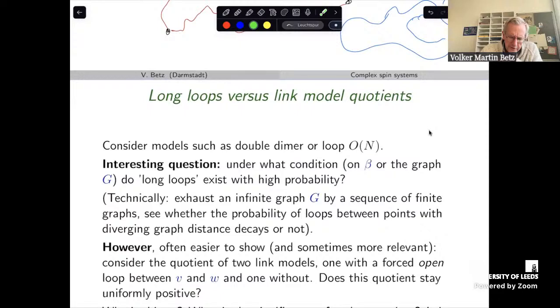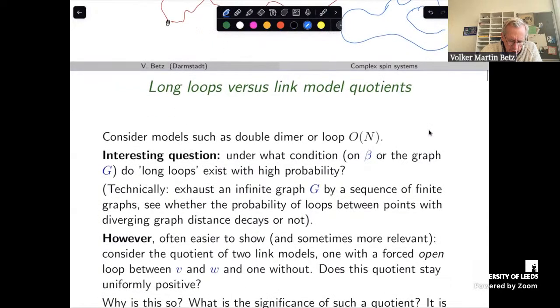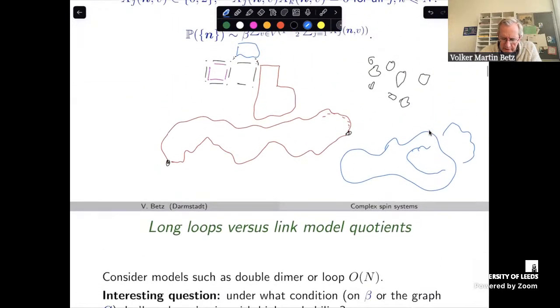So what you often see in many of these models is that you don't ask, is there a probability that you get a long loop, like I tried to indicate in this picture here. But you do the following.